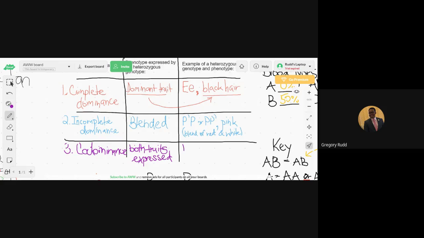So they might be B, for example, we might have BW to represent black and white.